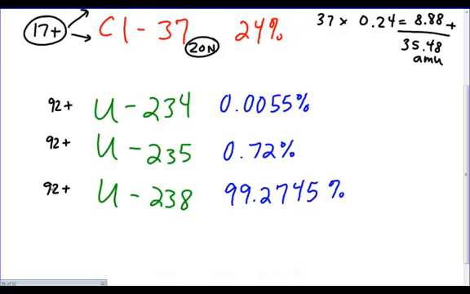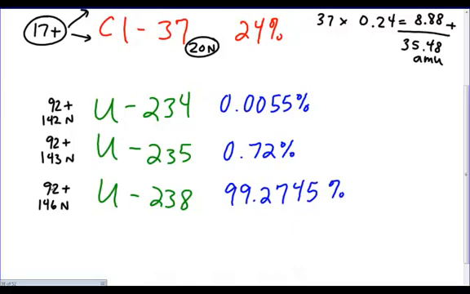Now as far as neutrons go, take the mass and subtract the proton count. So you'd end up with 142 neutrons for this one, 143 neutrons for this one, and then 3 more would give you 146 neutrons for the last one.